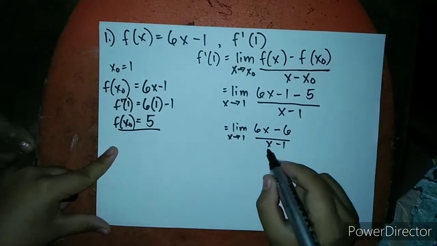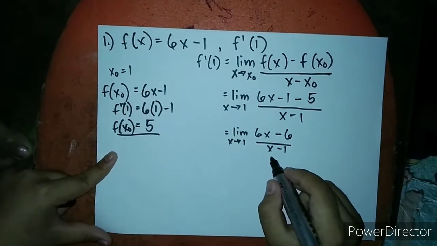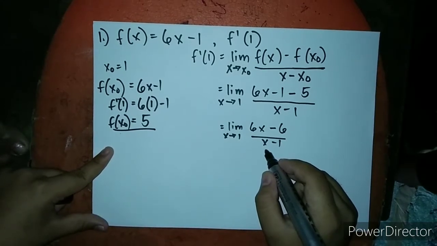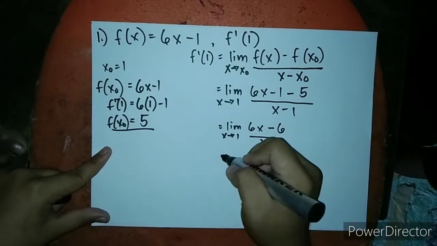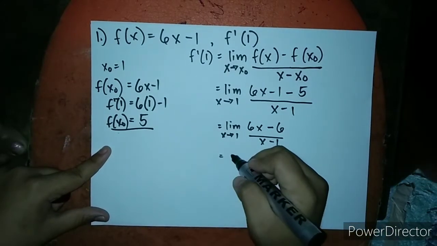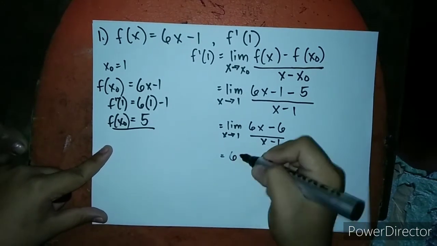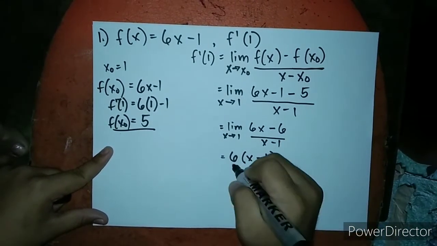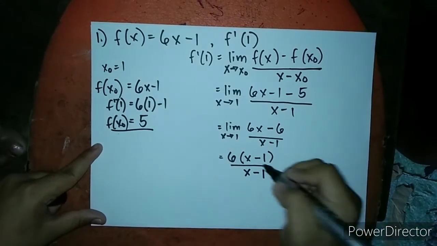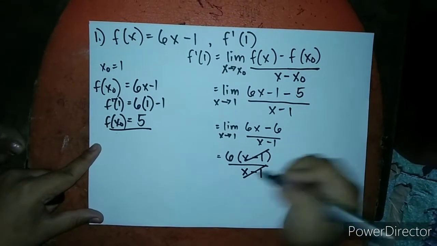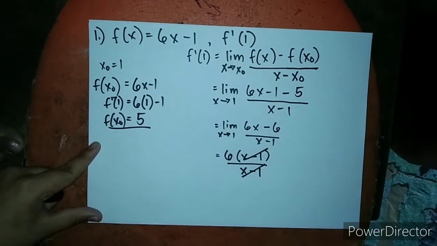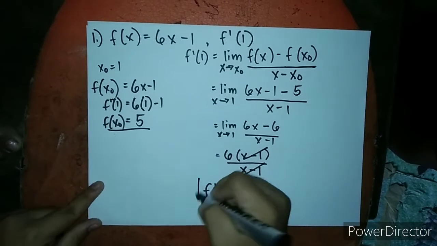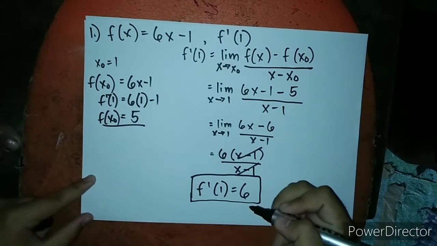Pag sinubstitute natin agad yung 1 dito sa x, magiging indeterminate siya. Kaya gagamit tayo ng technique para maiwasan natin ito, at ito ay common monomial factor. Ano ba ang common monomial factor ng 6x minus 6? 6 times x minus 1 over x minus 1. So, pwede na tayo mag-cancel. I-cancel na natin to. So, ang ating derivative ay f prime of 1 is equals to 6. Ayan na ang ating sagot sa example number 1.